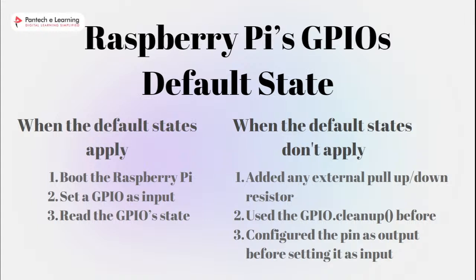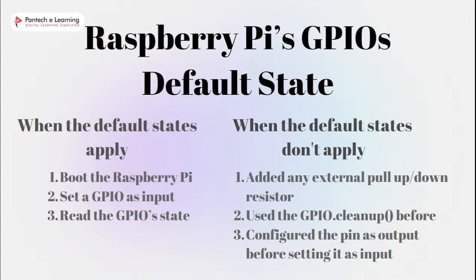So first let's define exactly what the default state is. The default state for a GPIO applies when you boot the Raspberry Pi, when you set the GPIO as input, and when you read the GPIO state.